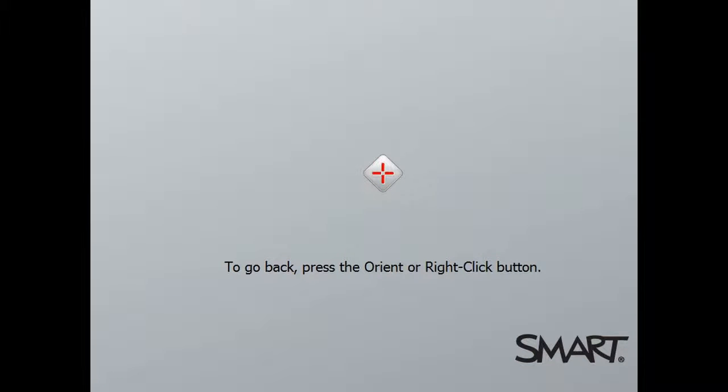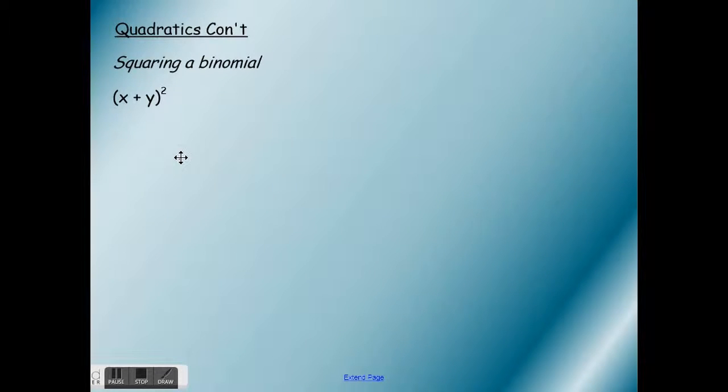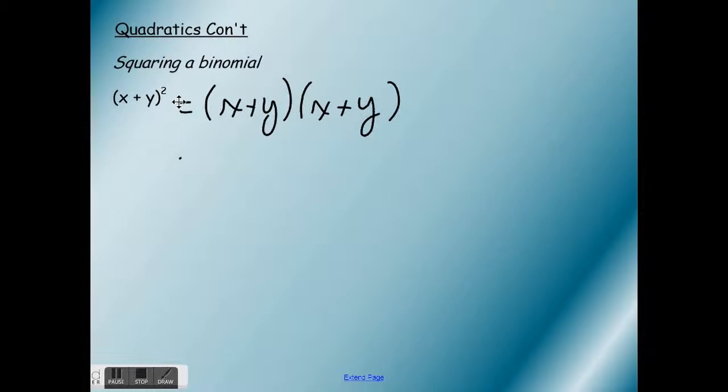But yes, the x plus y squared means there's going to be two sets of brackets there. So x plus y times x plus y. Now if we have this, we can solve it just like we did yesterday.